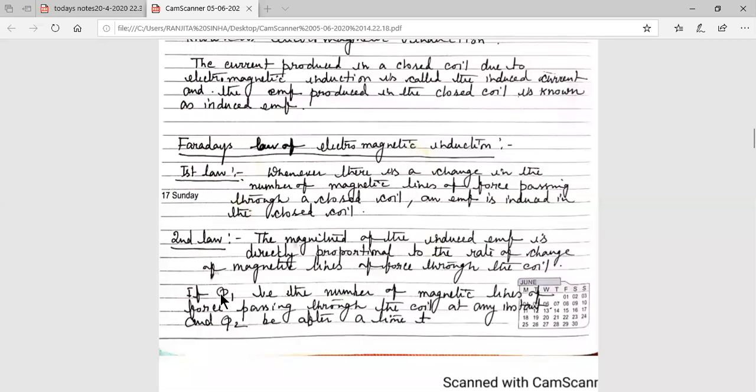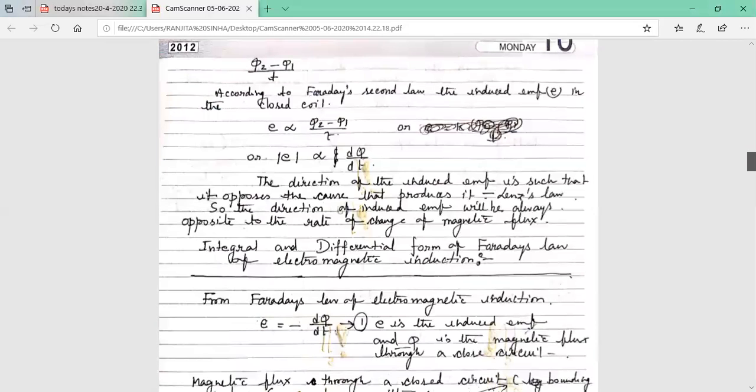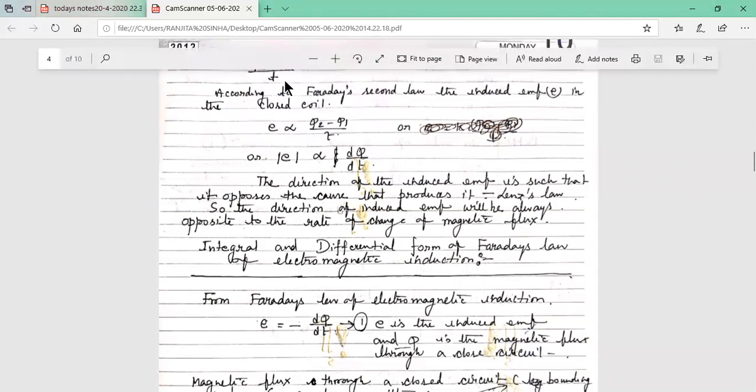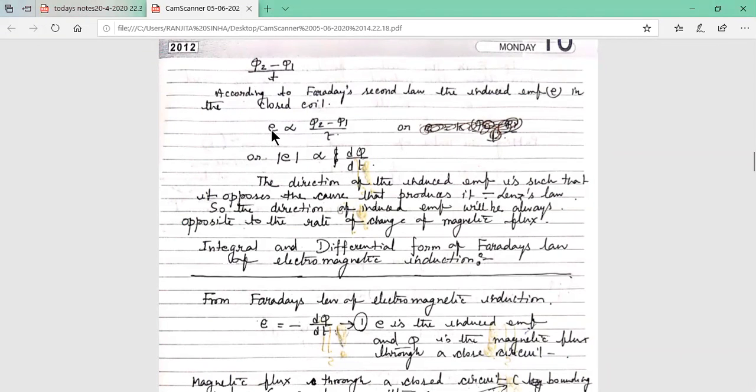Now, if phi 1 is the number of magnetic lines of force passing through a closed coil at any instant, and phi 2 is after a time t, then we can write phi 1 minus phi 2, that is the change of lines of force with time. This is Faraday's second law.